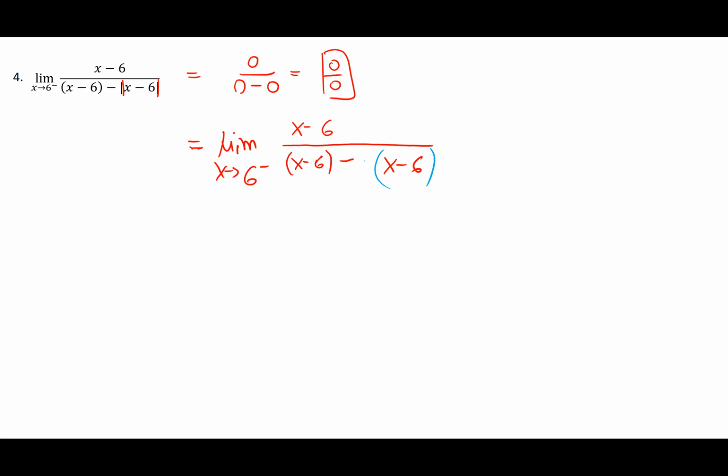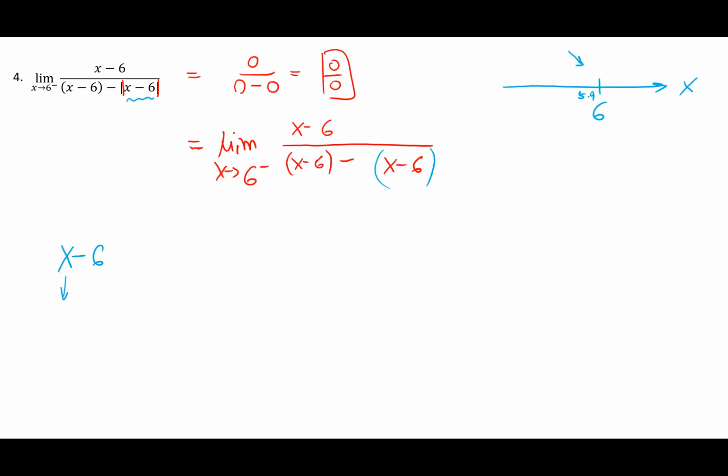I have to figure out if I have to add an extra negative or not. Let's check. x minus 6, the quantity that I am testing. x is approaching 6 from the left-hand side. What is the number? 6 from the left-hand side is 5.9. Okay, 5.9 minus 6 is actually a negative number. Okay, that means I do have to add an extra negative.